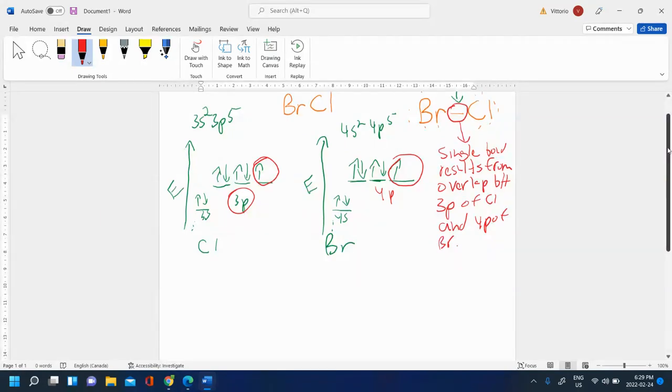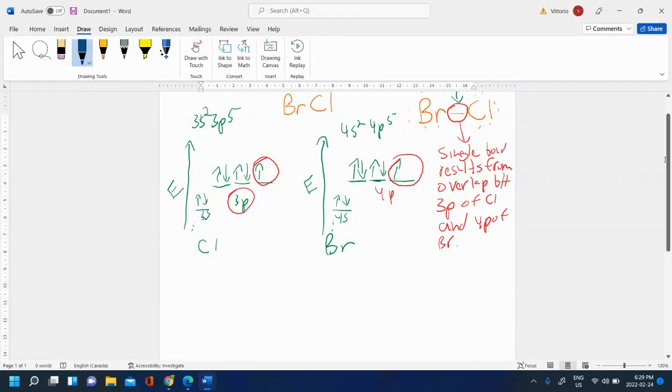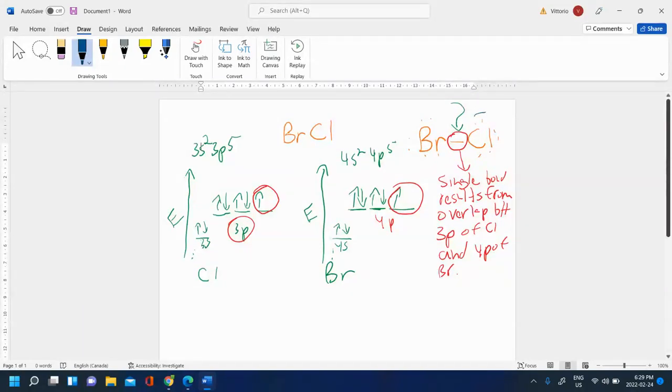And for the lone pairs, if we choose a different color here, you'll notice chlorine has some lone pairs on it. These are lone pairs, lone pairs, lone pairs. Those lone pairs can be represented there.